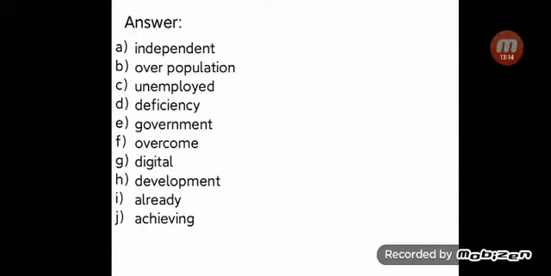Dear students, try to match your answer with me. If you are correct or if you are incorrect, you will get the right answer from my lecture and from the page.